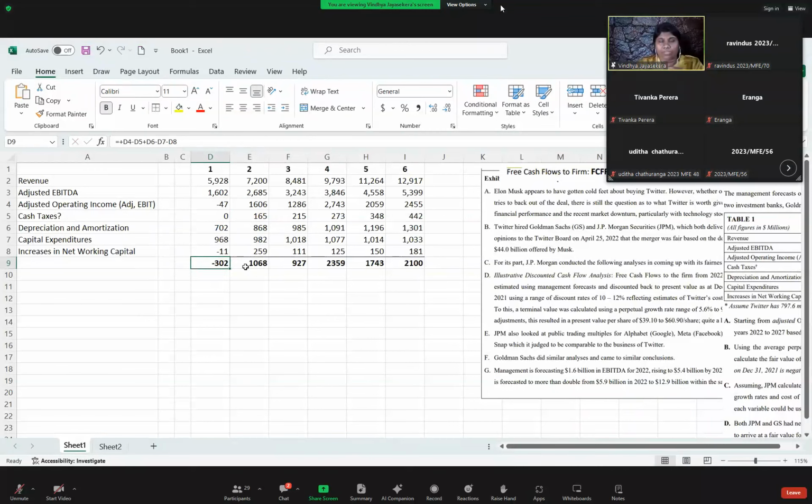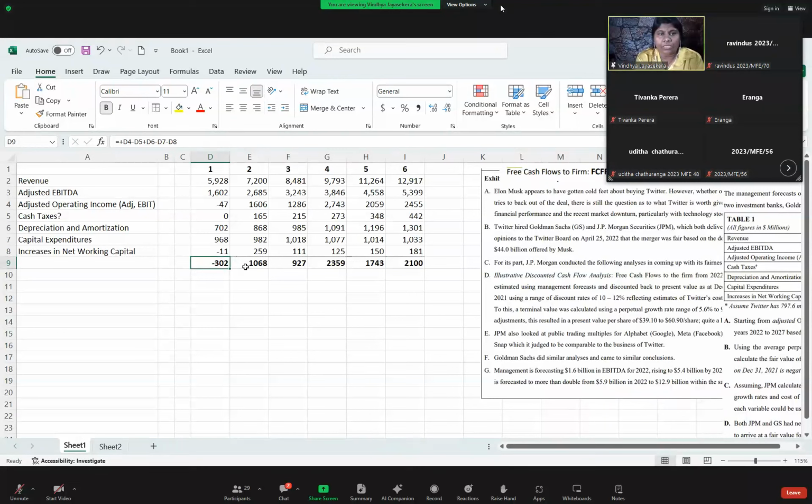So my figure should be correct. I think y'all had 297, if I'm not mistaken, earlier. But the calculation is the same as everything else, right? So are you sure that you all took the negative values correctly? Minus 302, right?